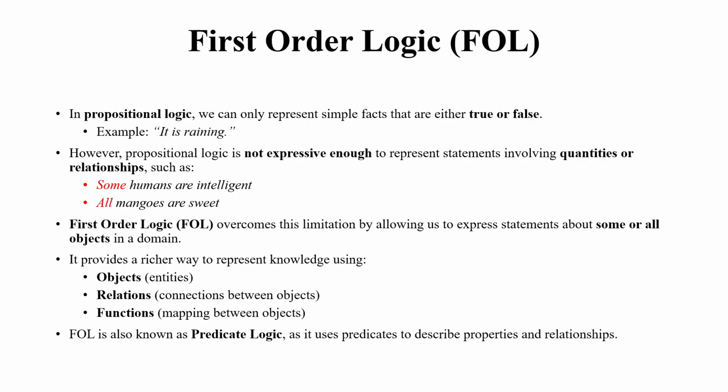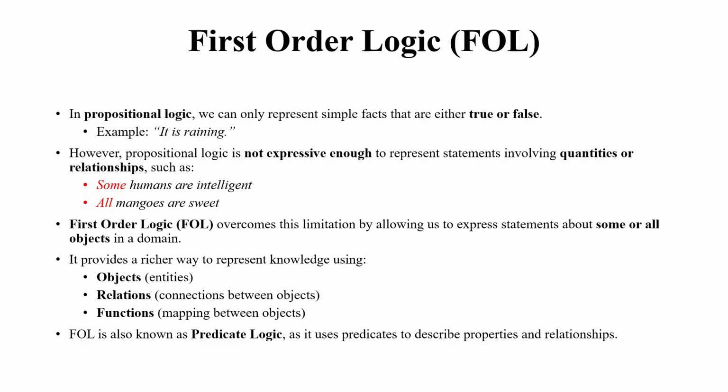Now we are going to discuss how the structure is represented. In propositional logic, we use the simple form of true and false. For example, "it is raining" is sometimes called a function of the level.